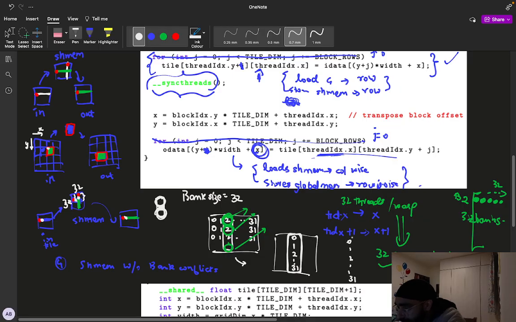So in a single access to shared memory, this is bank 0, this is bank 1, this is bank 2, this is bank 31. In a single access, it can get data from all of these banks.